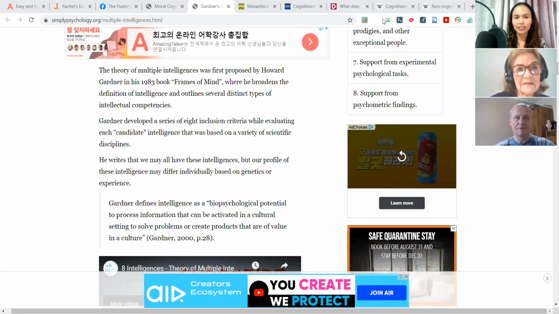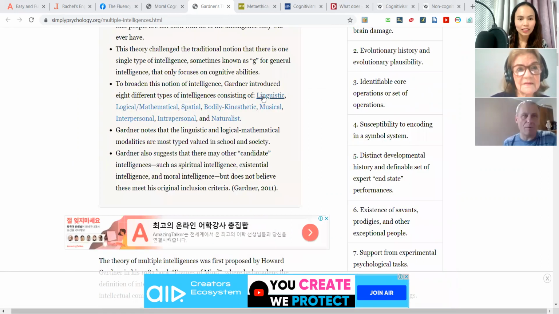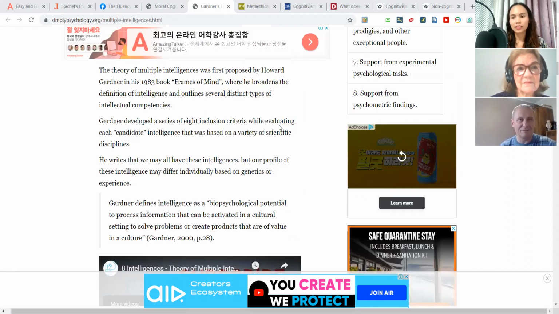The theory of multiple intelligences was first proposed by Howard Gardner in his 1983 book Frames of Mind, where he broadens the definition of intelligence and outlines several distinct types of intellectual competencies.